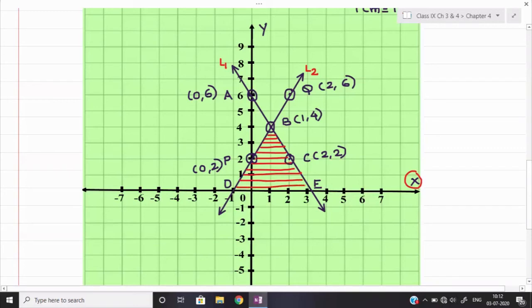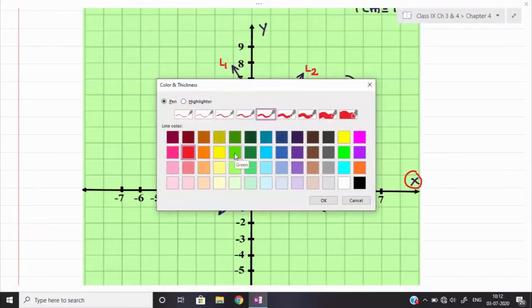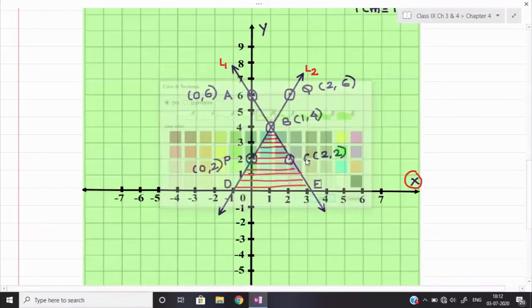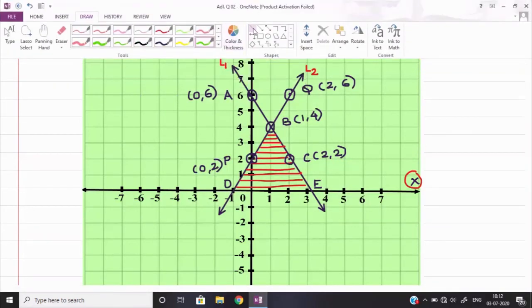Okay, now to find out the area, we require two things. One is the base and the second one is the perpendicular. So let us draw one perpendicular on it. Okay, so see how we can draw the perpendicular. Suppose I change the color here so it will be visible to you clearly. Yes, let us take the green one. So I can show you the perpendicular exactly over there.